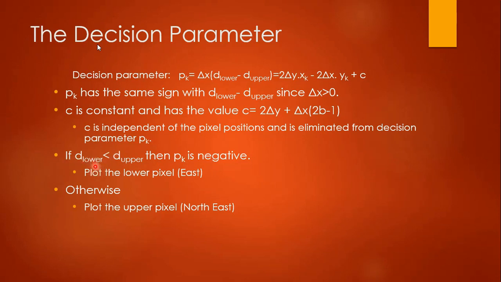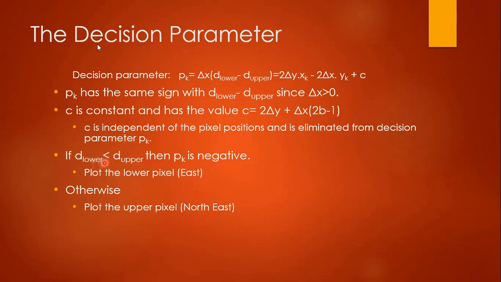In the previous example you have taken, d lower is less than d upper, so pk is negative. So what you have to do is plot the lower pixel. The decision is: when pk is negative, you plot the lower pixel.